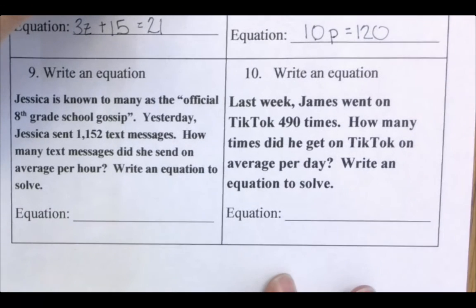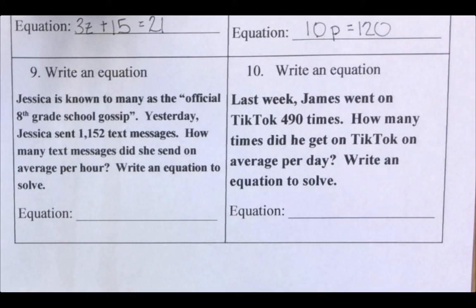All right, so then it says, Jessica is known to many as the official 8th grade school gossip. Yesterday, she sent 1,152 text messages. I hope her fingers hurt and she learned a lesson. How many text messages did she send on average per hour? Okay, so we're talking about yesterday.